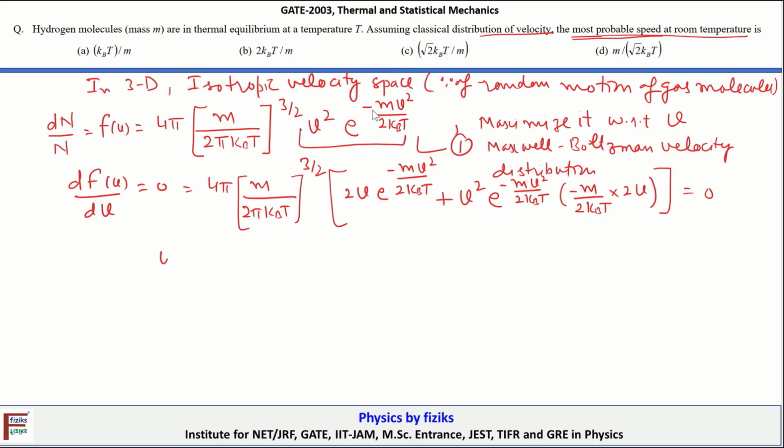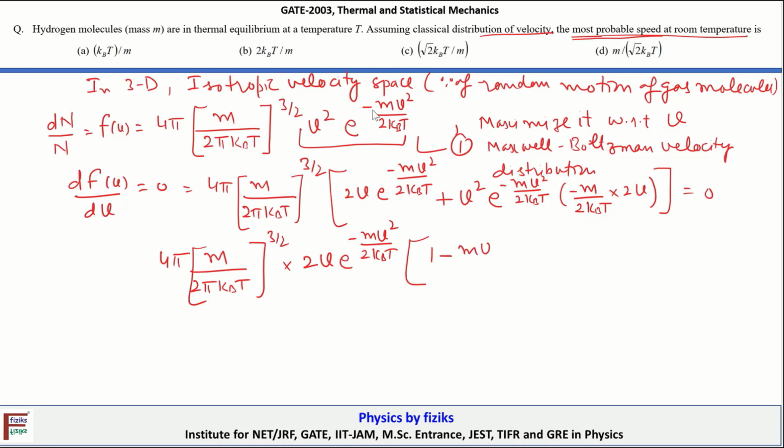That means 4π (m upon 2πkT) to the power 3 by 2, multiplied by 2v, which is common in the two expressions, and also the exponential factor, exponential minus mv square upon 2kT, into (1 minus mv square upon 2kT), and that should be equal to 0.